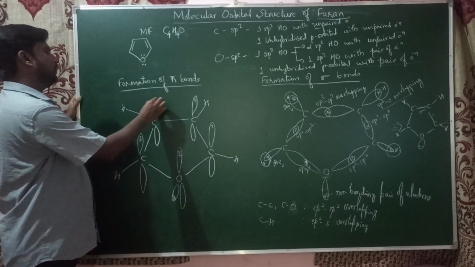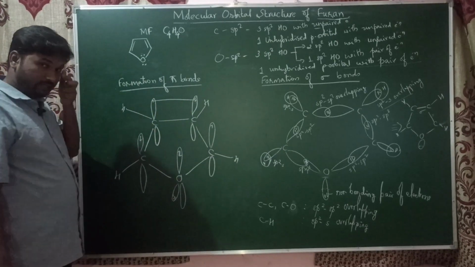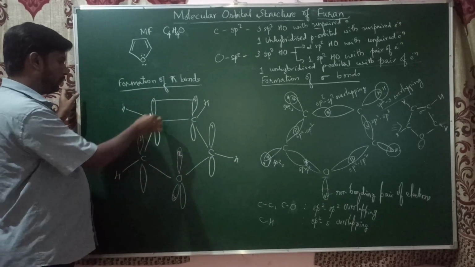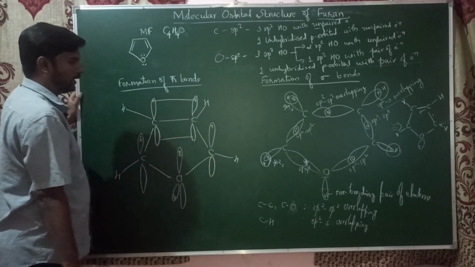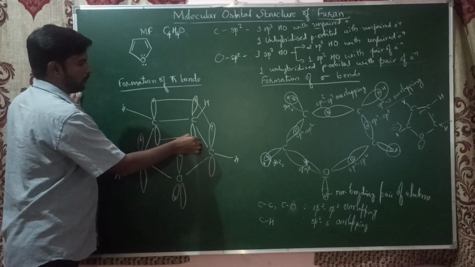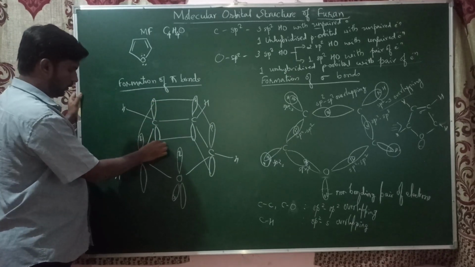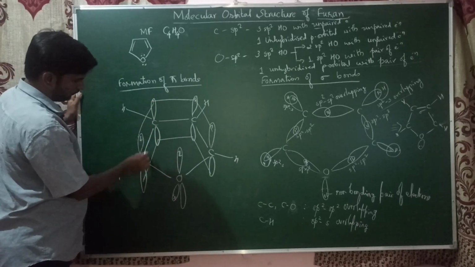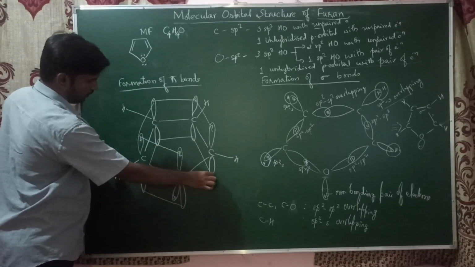These orbitals now show sideways, or lateral, overlapping. The upper lobe overlaps laterally, here also upper lobe, lower lobe, upper lobe, lower lobe, and here also upper lobe, lower lobe.